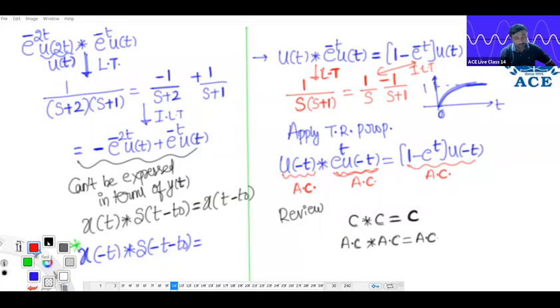For that, you apply reversal: wherever t is there, replace it with minus t. So this is the correct answer: x of minus t naught. That is the correct answer.